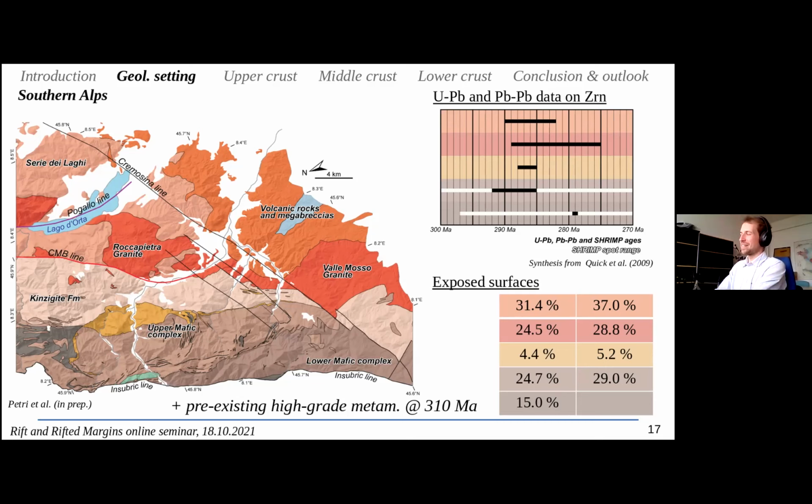That's a really good question, in fact. And in the literature, it's also not clear in the Ivrea zone, because most of the mafic complex is reported as being granulite mafic rocks. But in fact, these are just gabbros that were cooled down very slowly at high temperature.